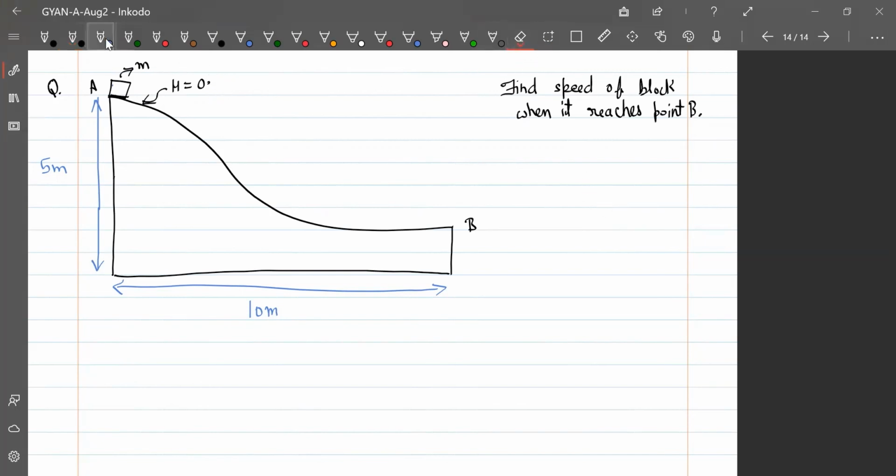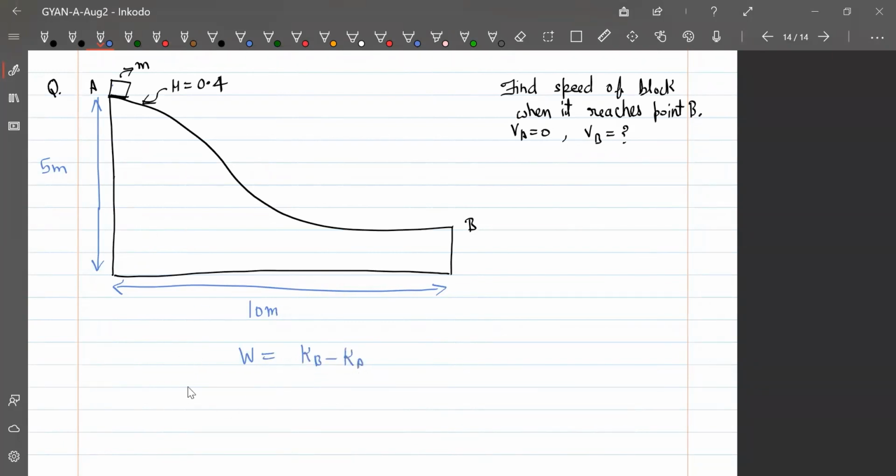Let me give this as 0.4. Find speed of the block when it reaches point B. Initially, the block is at rest. Velocity at A is 0. We have to find velocity at B. So use the work energy theorem. Total work done is equal to change in kinetic energy.